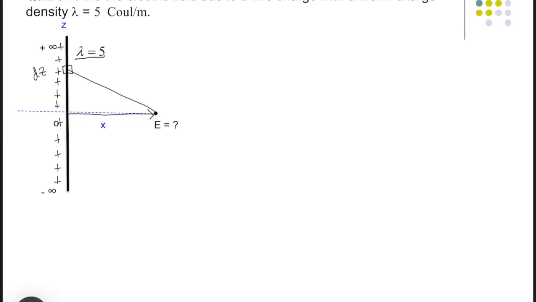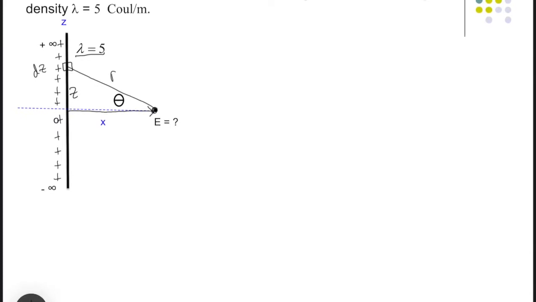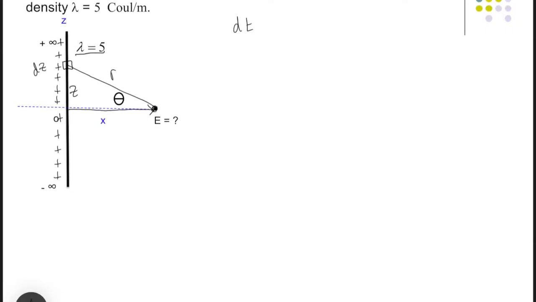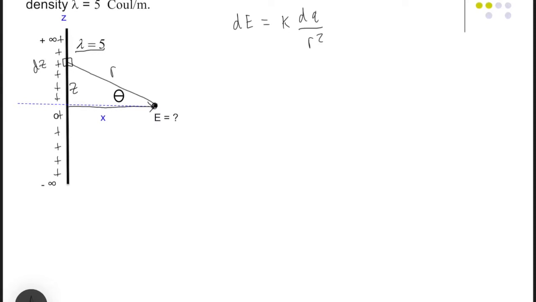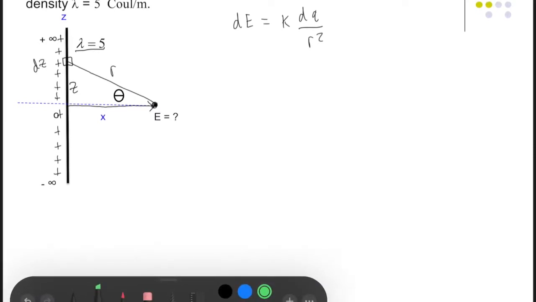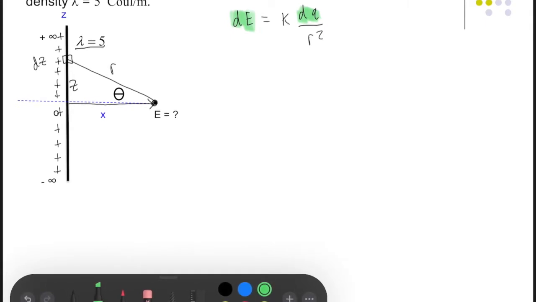Alright, so now we can label the distance from our infinitesimal element to this point as r, and we can label this axis as z. And Coulomb's law would dictate that our point charge creates an electric field equal to k dq over r squared.